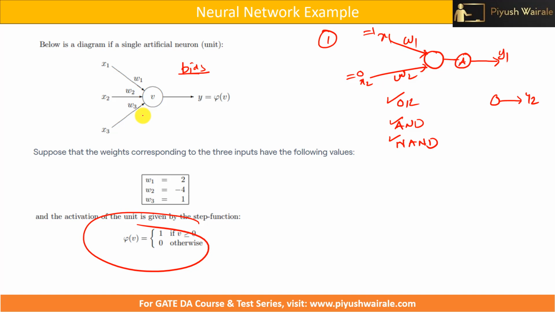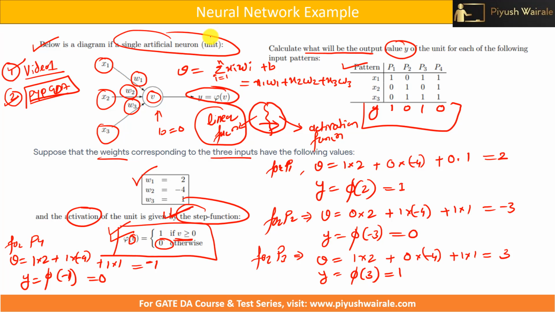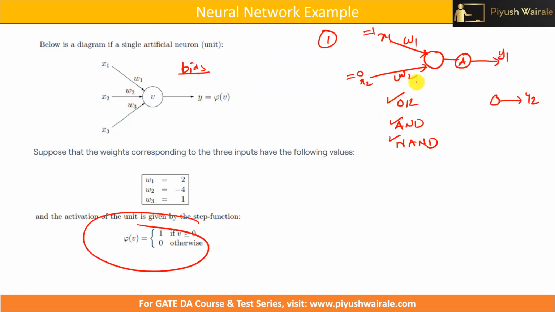Based on the given scenario and requirement, you should be able to solve the question. That's it. The concept is this only: activation function, linear function, what the linear function is, how to calculate it, and you should know basic things regarding AND or OR gates if you come across this type of question. Simple mathematics is there. You can expect a question based on this particular topic.